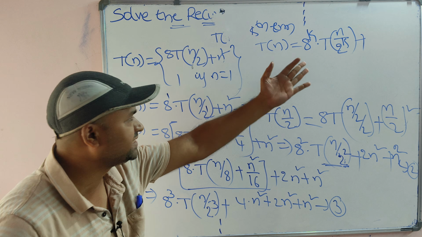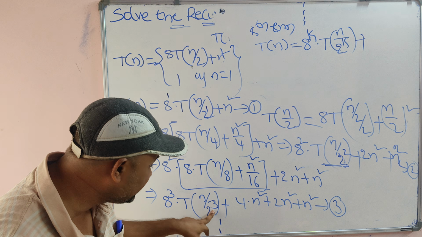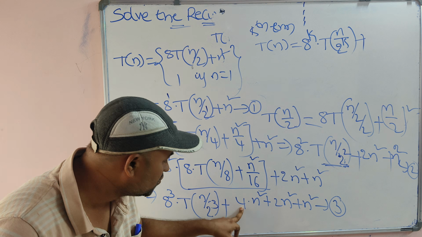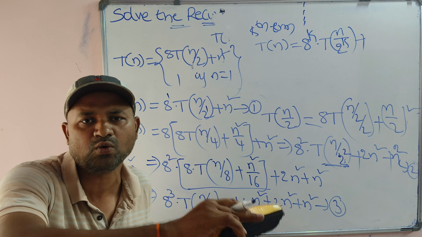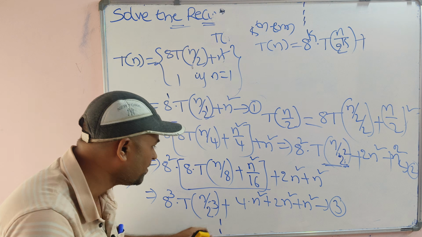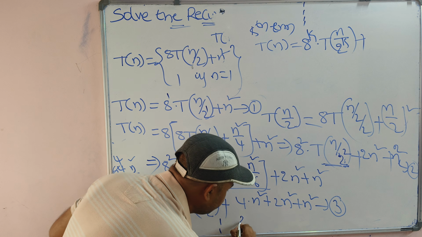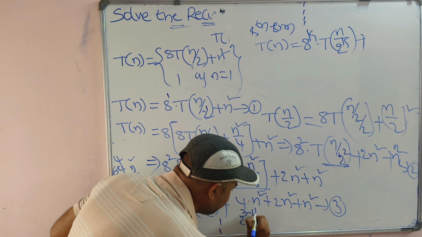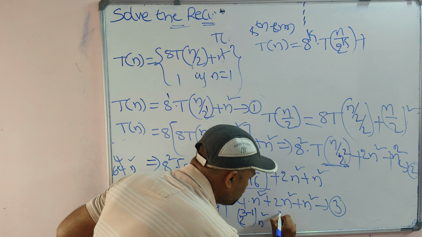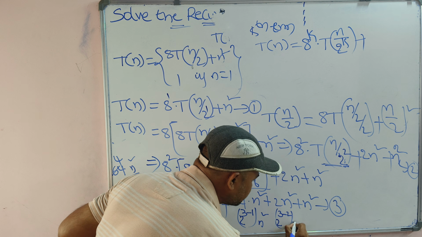So let us derive that also. Here we have 3. 2 power 3 means 8. But here we have 4n square, we didn't have 8n square, we have only 4n square. So here we have 2 power 3, so this is nothing but 2 power 3 minus 1 into n square. This one is 2 power 3 minus 2 into n square.